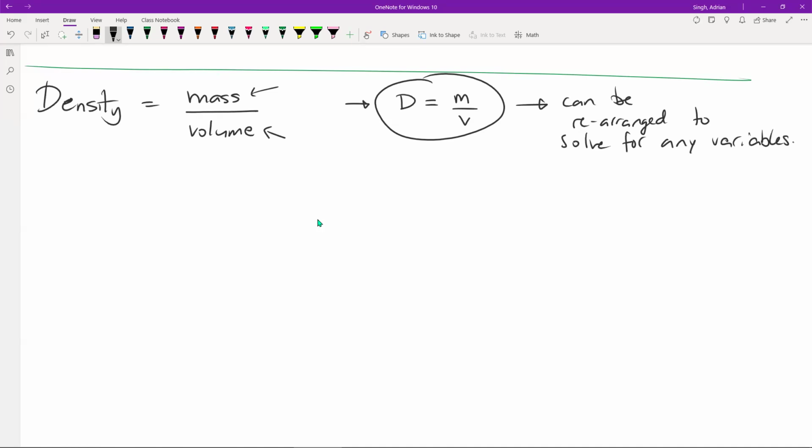Okay, so let's take a look at a couple of examples involving the use of density in calculation.